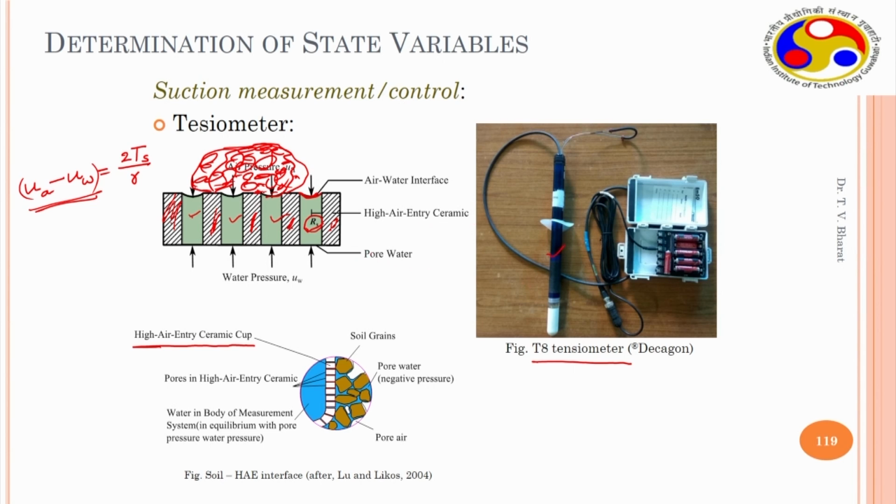Therefore, negative pore water pressure is transmitted through the water in the high air entry disk pores and is communicated to the gauge. The gauge reads that this much suction exists because there is a negative water pressure. When it is transmitted, water is sucked from the water filled tube, so that much pressure can be detected and read on the gauge.